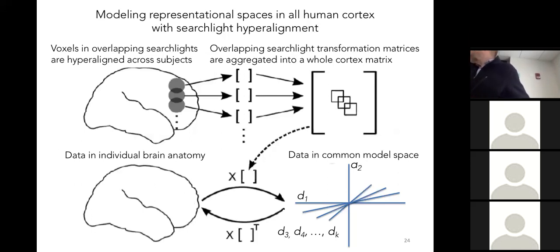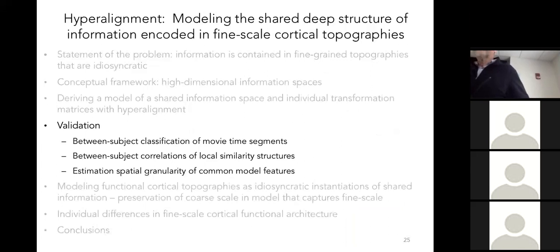And so with this whole brain transformation matrix, we can project the data from a single brain into the common model space, or we can take any vector from the common model space and, using the transpose of this transformation matrix, project that vector back into a cortical topography. So this is connectivity, right? We do it with connectivity and with responses.